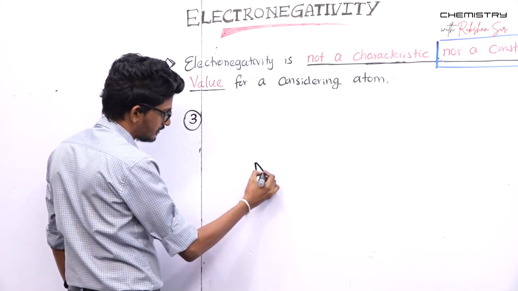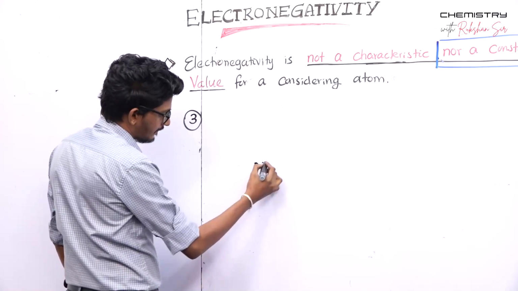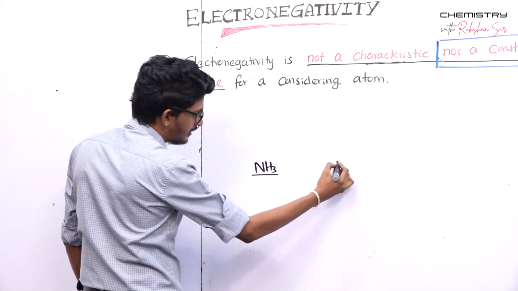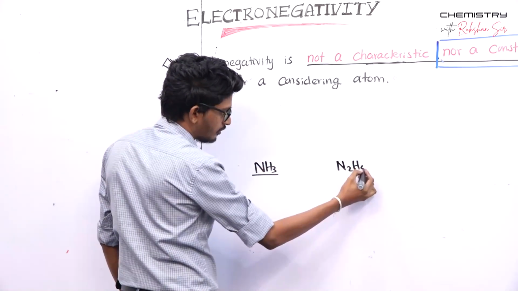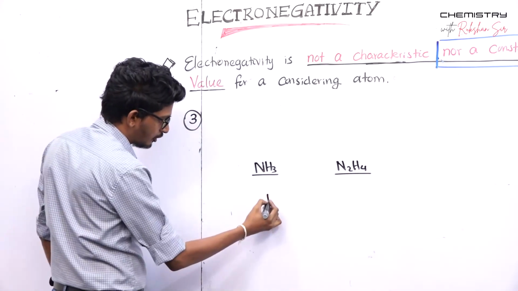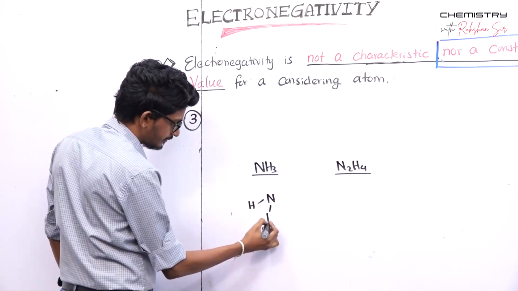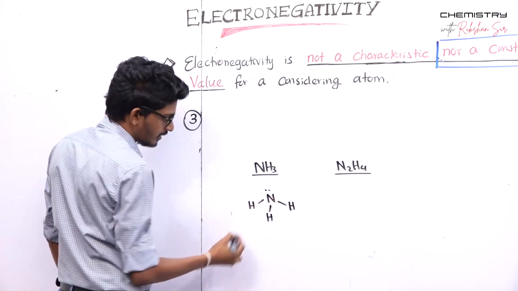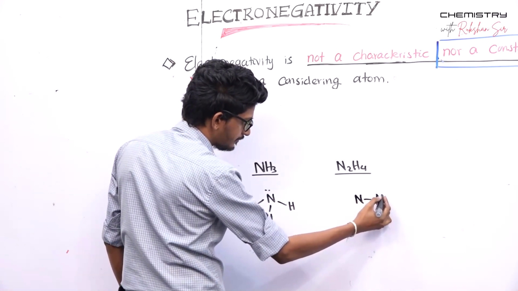See this one: NH3 and hydrazine, N2H4. The NH3 molecule is this. N2H4 is this.